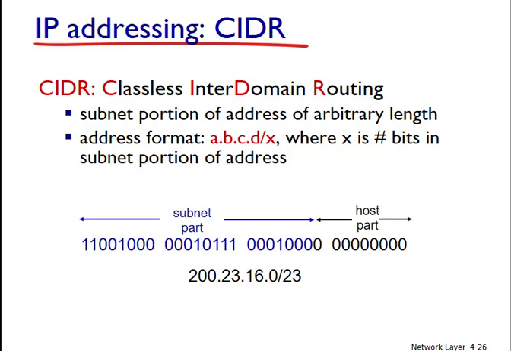The role of the nonprofit ICANN organization is not only to allocate IP addresses, but to also manage the DNS root servers that we talked about earlier. You remember our discussion of DNS. ICANN also has the very contentious job of assigning domain names and resolving domain name disputes. ICANN allocates addresses to regional internet registries, which handle the allocation and management of addresses within their regions.